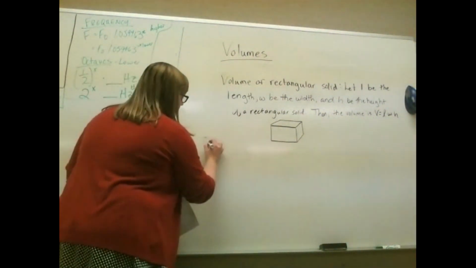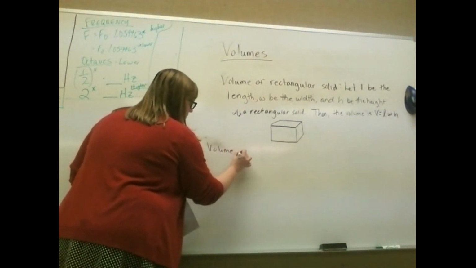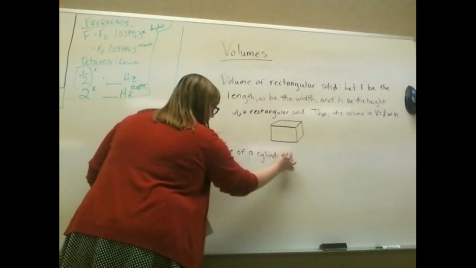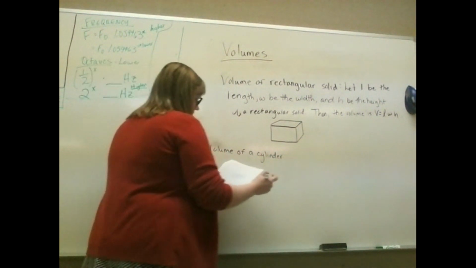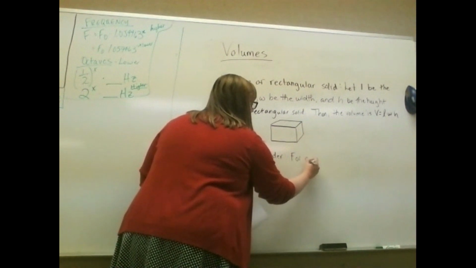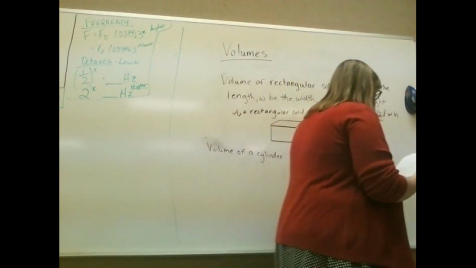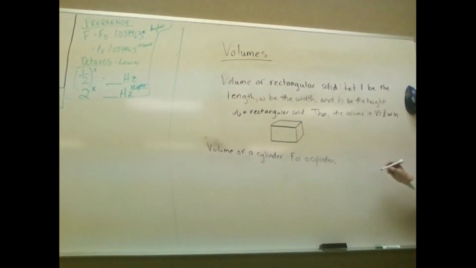All right, so now volume of a cylinder. For a cylinder, let R be the radius and H be the height.